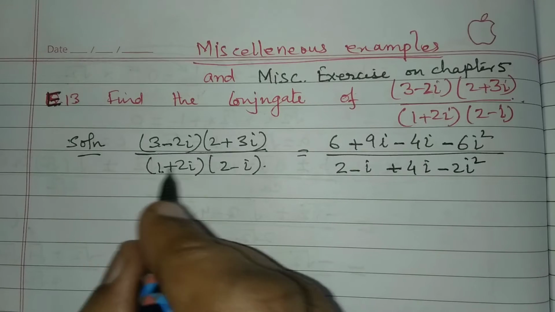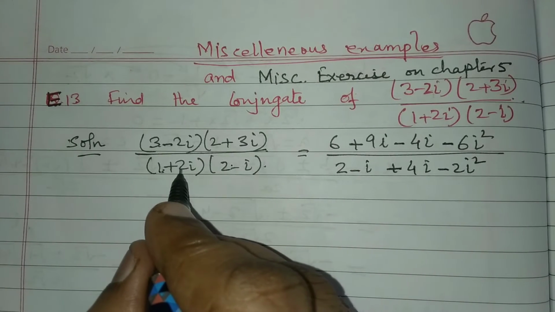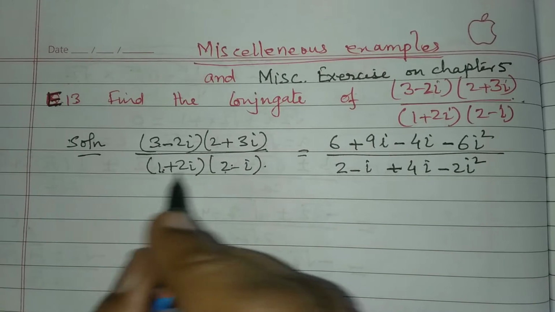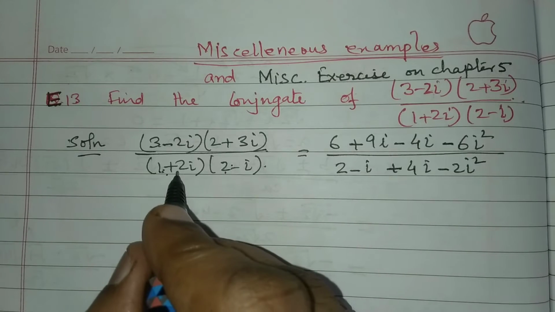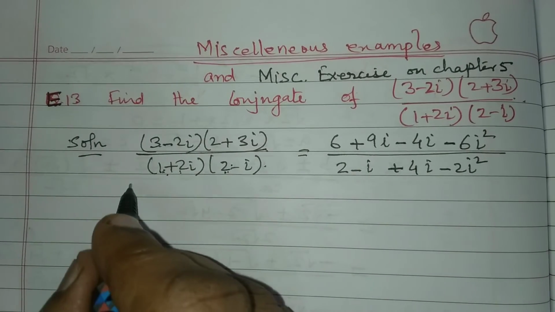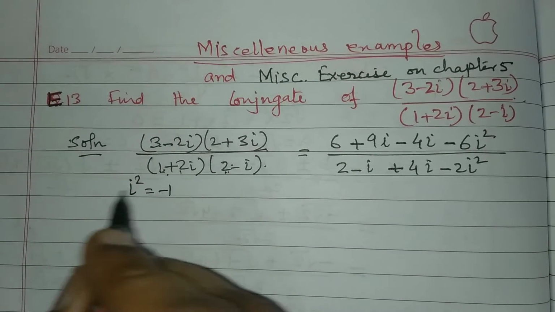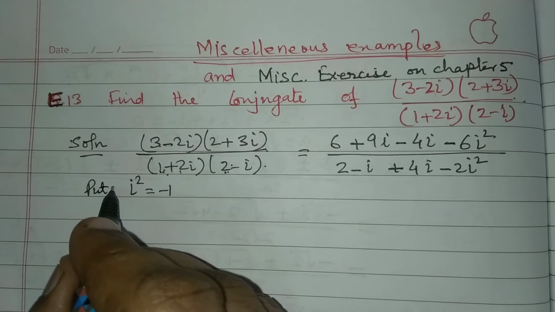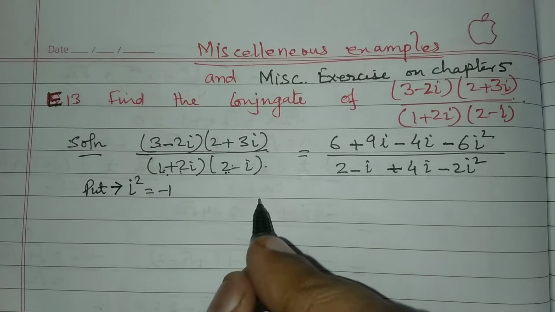Just simple multiplication. 1 is multiplied with 2, 1 is multiplied with minus i, 2i is multiplied by 2, 2i is multiplied with minus i. So in place of i square, put i square is equal to minus 1.